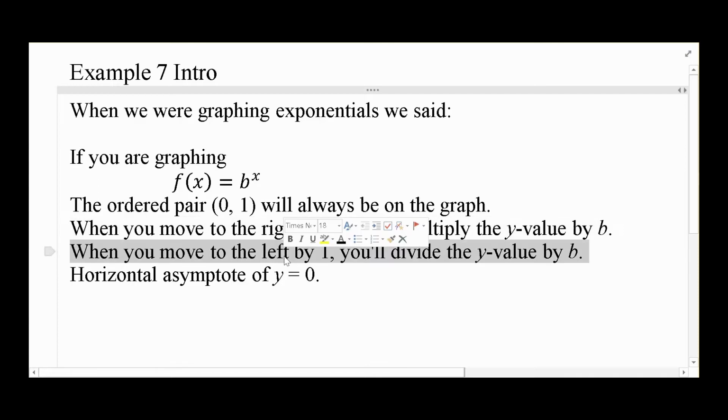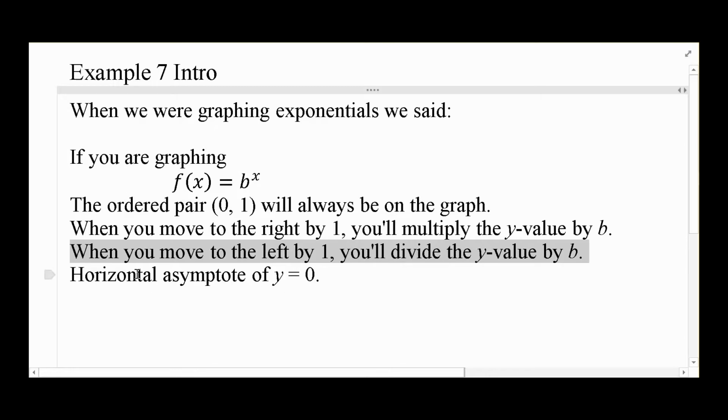And then we can reverse that idea and say, if we reduce the exponent by 1, so if we move to the left by 1, then we're going to unmultiply by the base. We're going to multiply by the base 1 less time, or in other words, we're going to divide by the base. So that's the process that we had used for graphing exponentials.